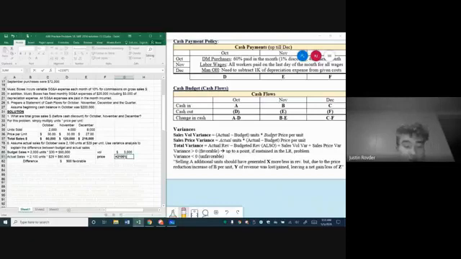The actual price per unit was $29. The budget was $30. So we can already tell that's going to be negative. Therefore, we expect to lose $2,100 in revenue compared to what we budgeted.